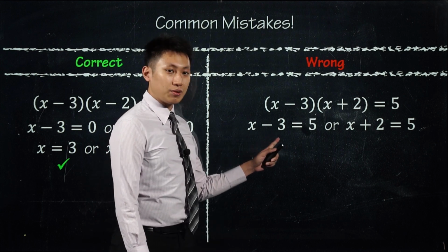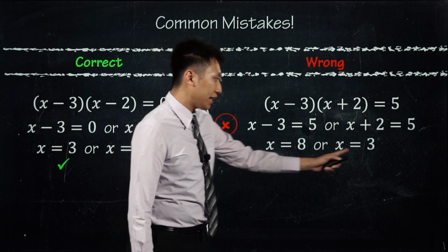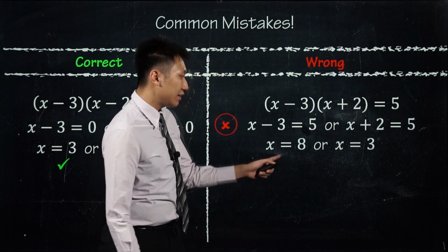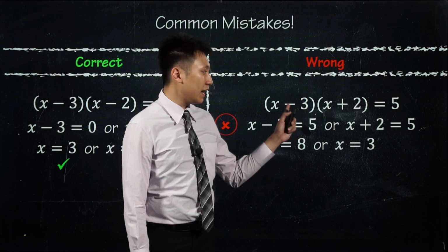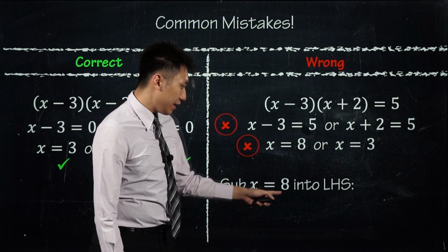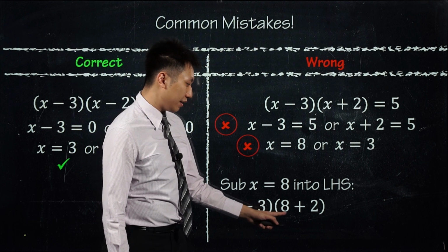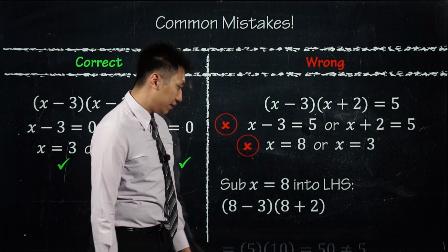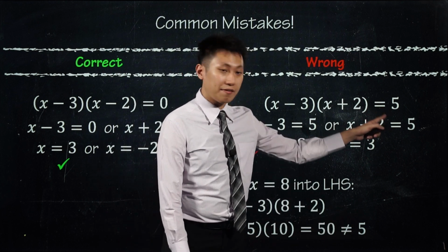If you do this one, you check. So this one is wrong: x equals 8 or x equals 3. Let's say this is your answer. Then you substitute back into the original one. You should get left equal to right, right? So let's try. If x equals 8, substitute into the left hand side, then 8 minus 3 is 5, then 8 plus 2 is 10. So you get 50, which is not equal to 5 on the right hand side.